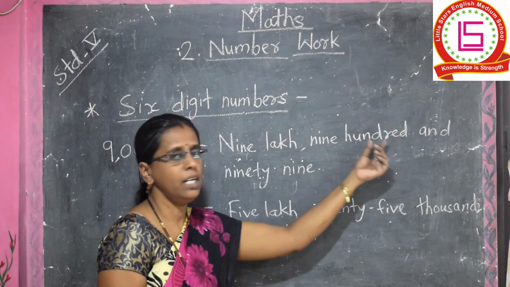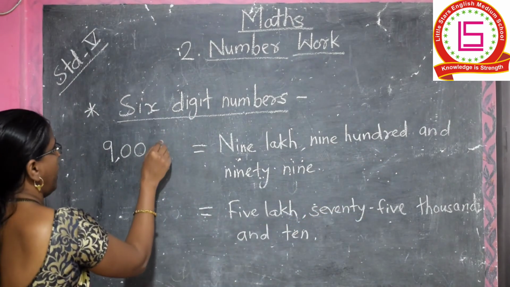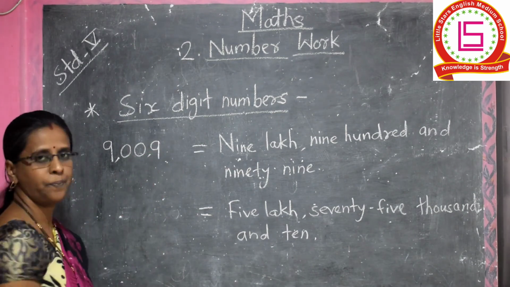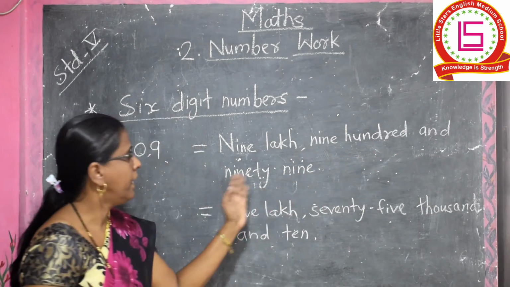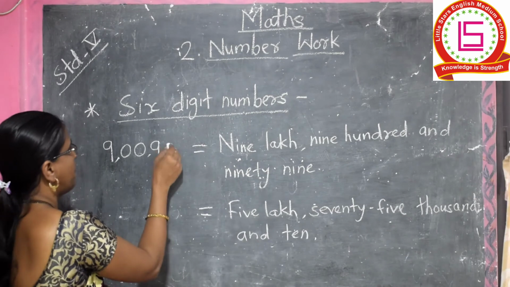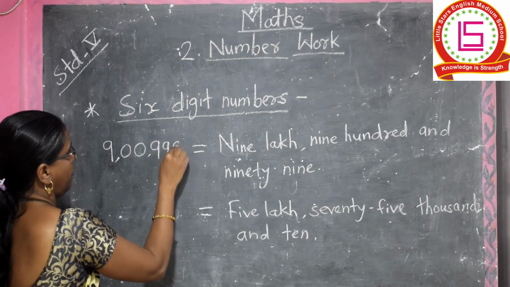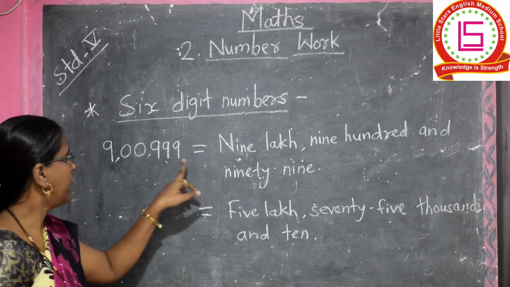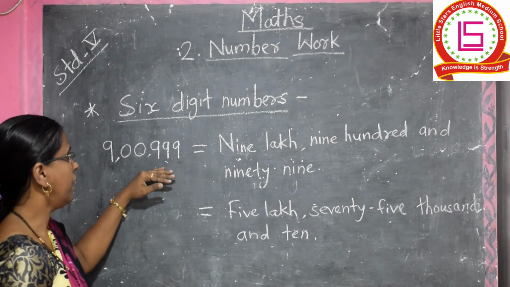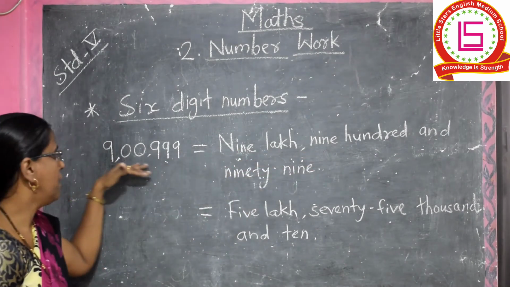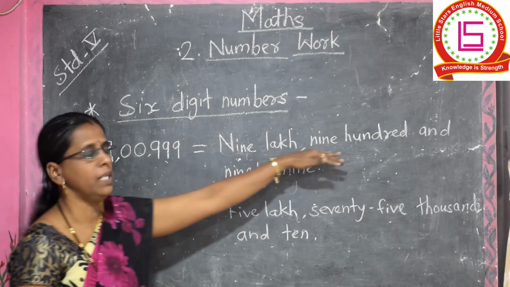So we write 9 at the 100 place and 99 at the tens place and unit place. 99. Okay, so we write numbers in figures from the numbers in words.